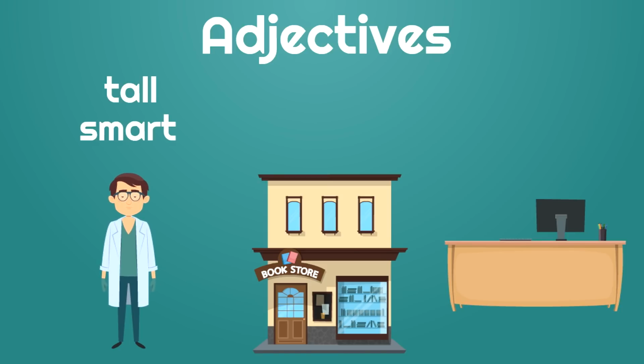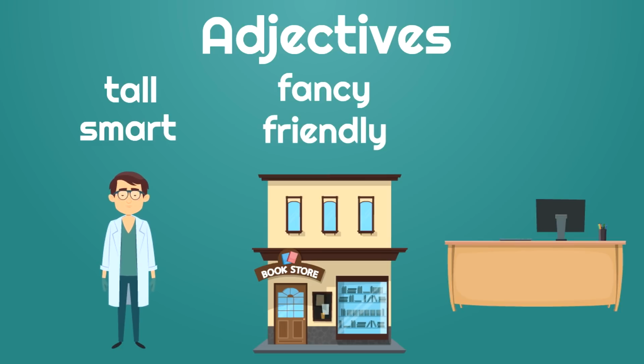It's a place. What are two adjectives that we could use? Well, one adjective could be the word fancy. This looks like a pretty fancy little bookstore. And it also looks like it could be friendly. Friendly is another adjective we could use to describe this bookstore. Fancy and friendly are adjectives. They describe the noun.